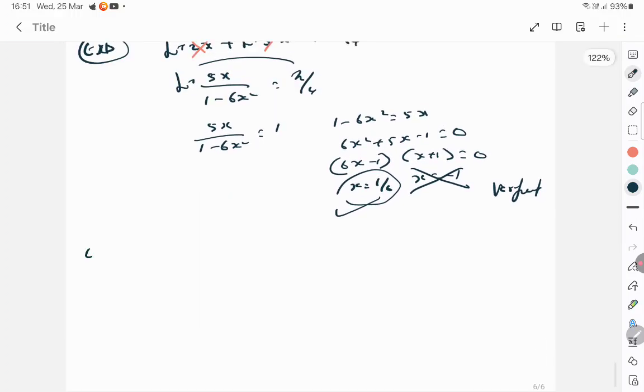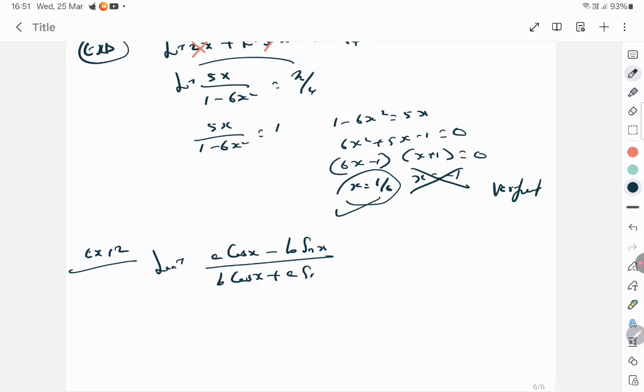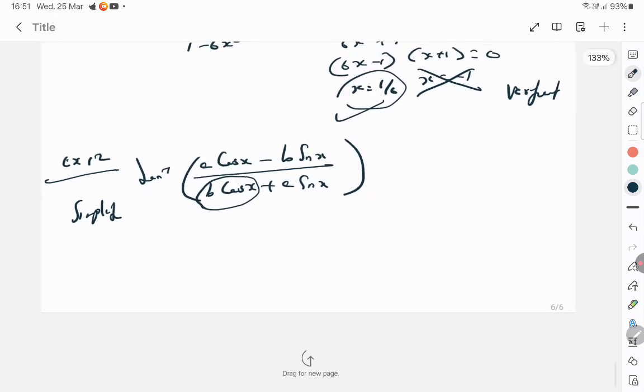So let's go to example 12. Example 12 shows tan inverse of (a cos x minus b sin x) by (b cos x plus a sin x). The moment you see such a simplification sum, you will divide it throughout by b cos x.